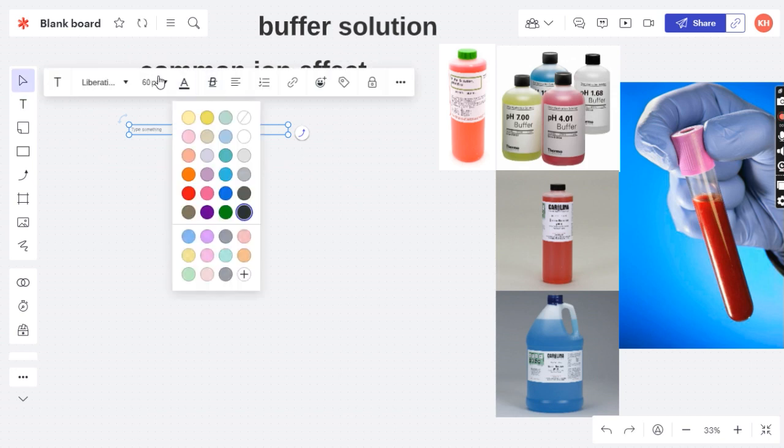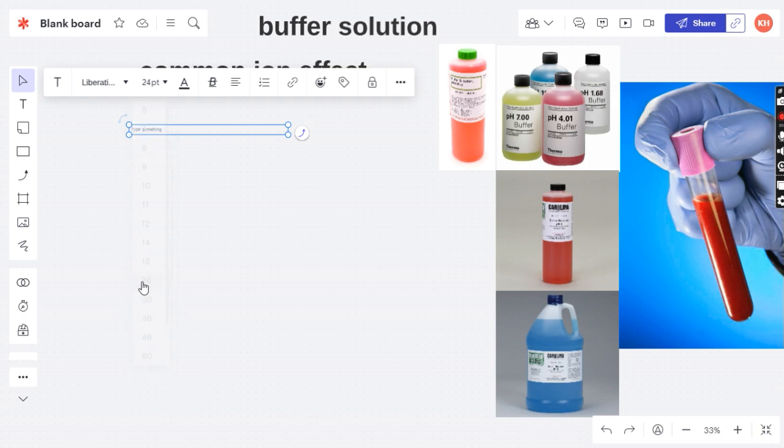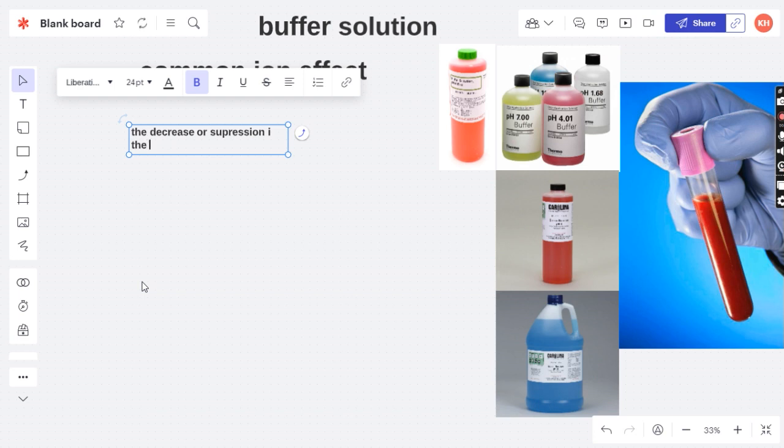Let's do it. The suppression, the decrease, or fluctuation in the activity of weak electrolyte in the presence of strong electrolyte.